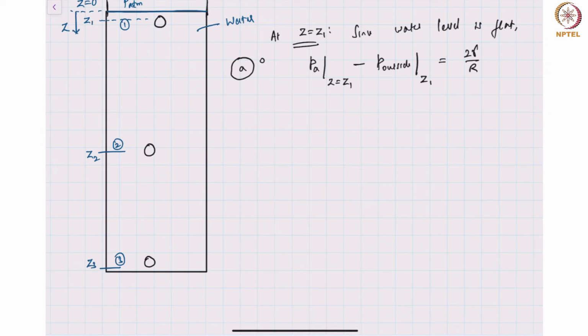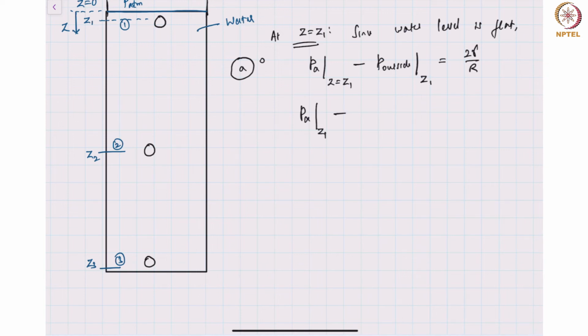There's air inside and outside. Clearly, outside the pressure is atmospheric pressure plus rho g z1.